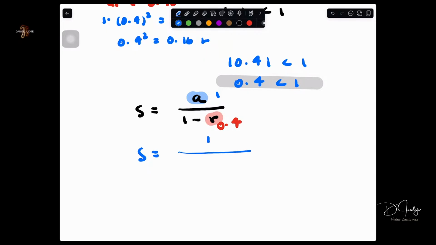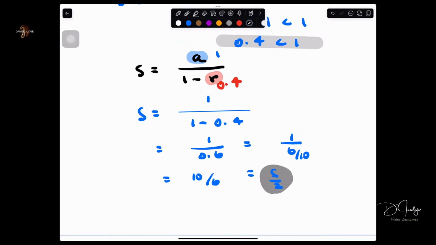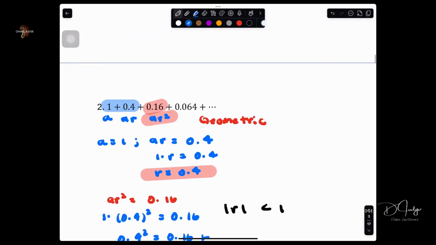So we get 1 over 1 minus 0.4, which is 1 over 0.6, which is 1 over 6/10, which is 10/6, or better yet, 5/2. So the sum value is 5/2. So this geometric series converges, and the sum is 5/2.